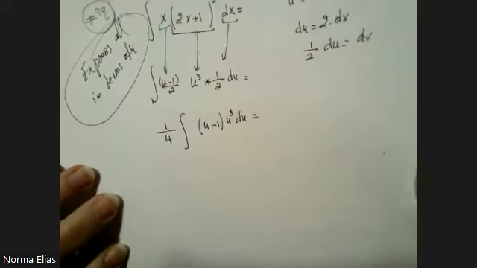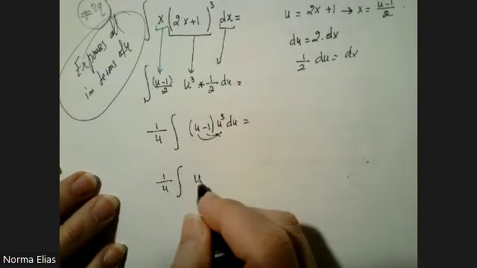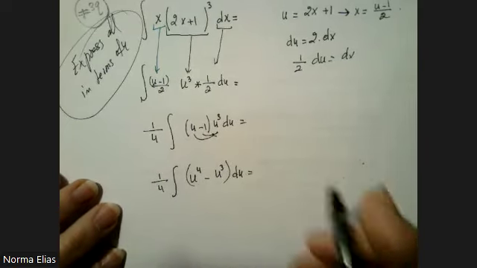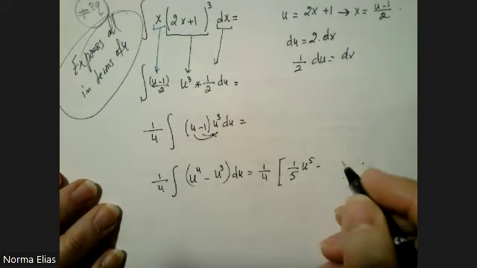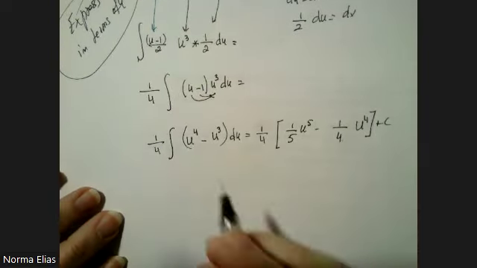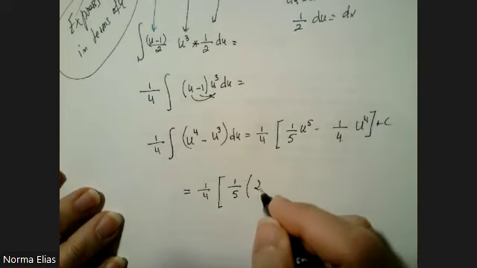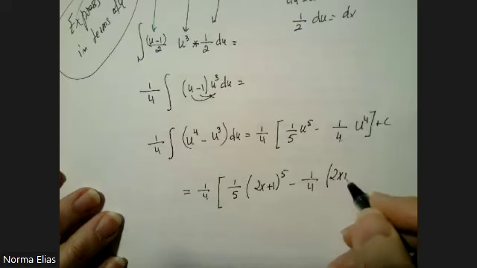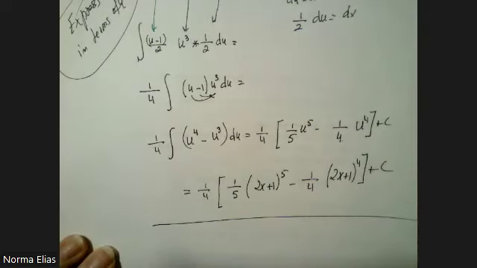So finally, this is equal to 1 over 4 times the integral; I distribute, and this gives me 1 over 4 times (1 over 5 u to the 5 minus 1 over 4 u to the 4) plus c. Finally, I get 1 over 4 times 1 over 5 (2x plus 1) to the power 5 minus 1 over 4 (2x plus 1) to the power 4 plus c. End of the problem. Any questions about that?